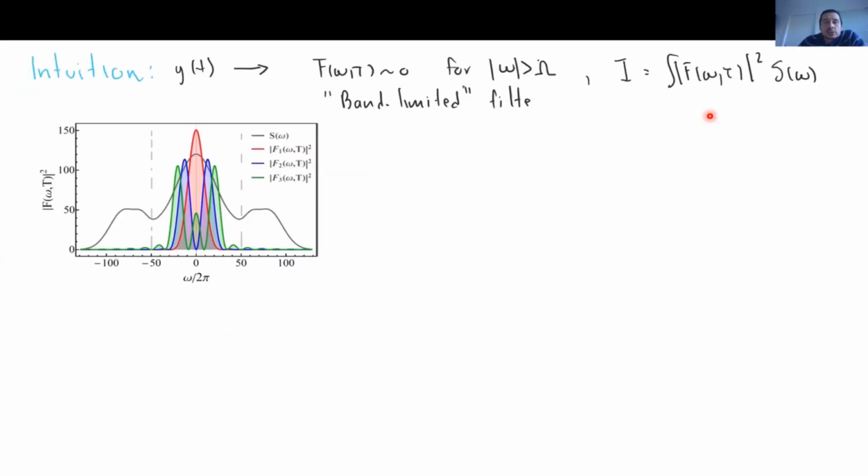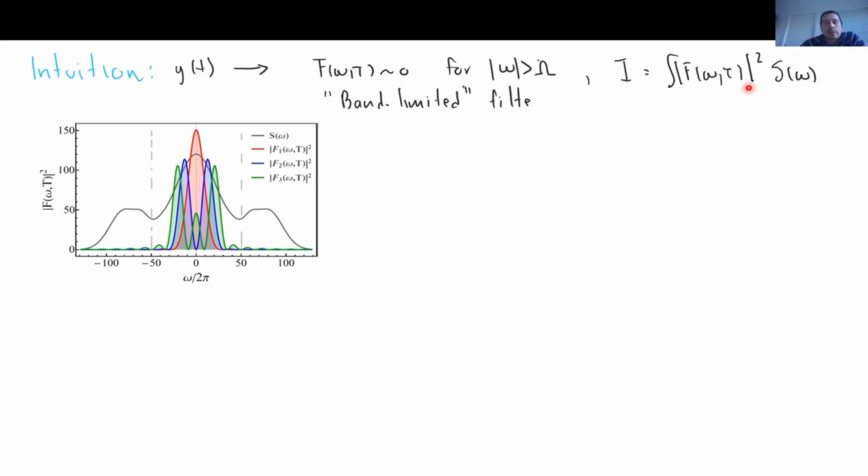Okay. So maybe let me give you a bit more of an intuition of why this could be that way, right? So imagine that you have this situation where your control is band limited for some reason. The type of controls that you have is such that the filters are always band limited, in the sense that they become zero after a given big Omega, some, let's say, cutoff frequency, and all you need for your dynamics is this integral here, right?